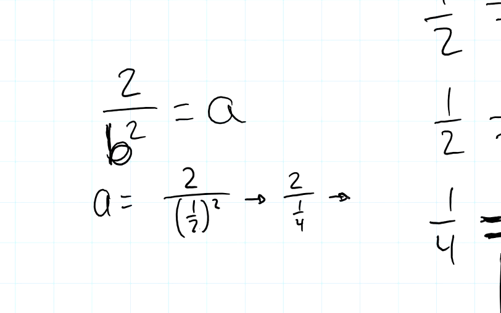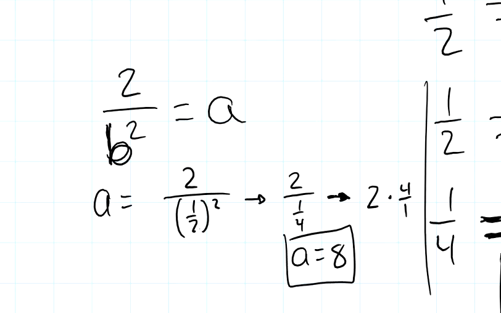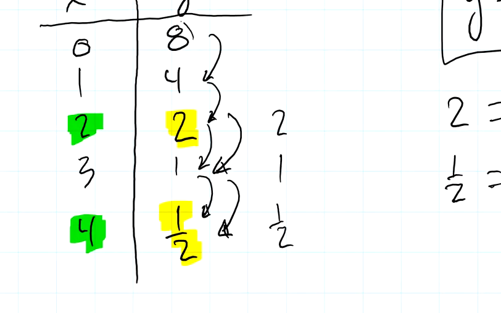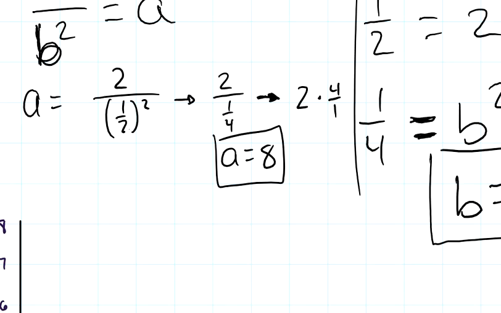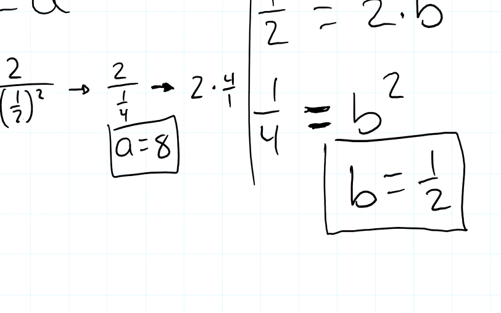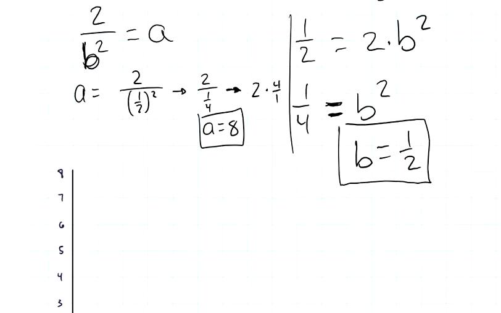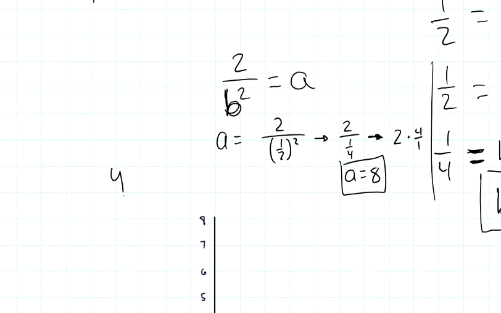And if I'm dividing by a fraction, I would invert and multiply. So this is 2 times 4/1, which is the number 8. So a is 8. We see it both in our table of values that a had to be 8, and we also see it by using this substitution technique. So now that I know both my 0th term 8 and my multiplier 1/2, I can write the equation of this function. It is y equals 8 times 1/2 raised to the x power.